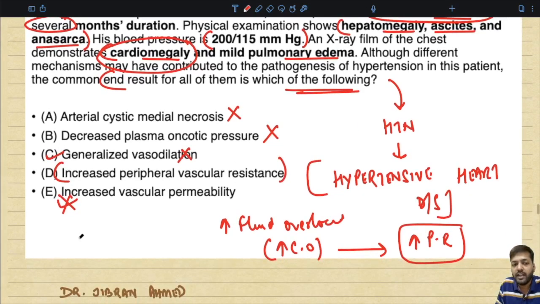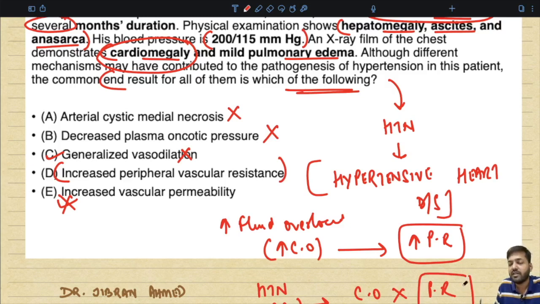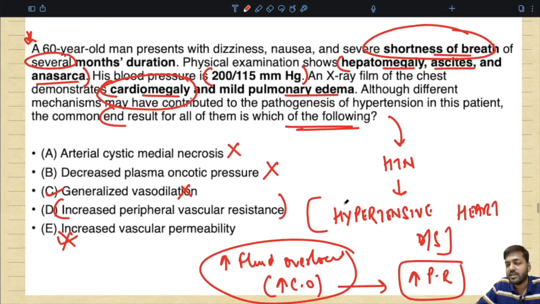We already know that blood pressure is a direct product of cardiac output into peripheral resistance. So the end result is increased peripheral resistance because of the excessive fluid overload, and the diagnosis is hypertensive heart disease.